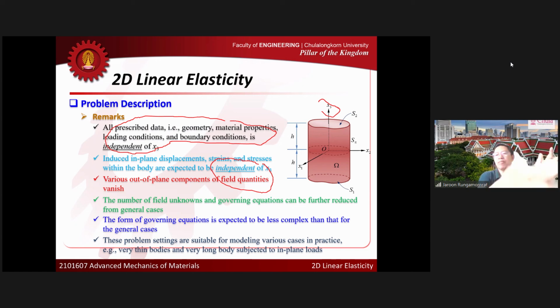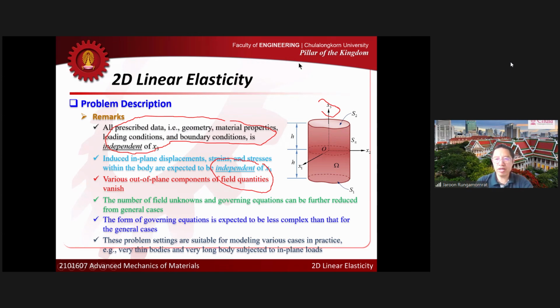So if we know that some of the information is simplified, we can set up the problem in a simpler setting, dealing with fewer unknowns and less complicated equations. Then we can come up with some technique that can be used to solve that kind of simplified problem.